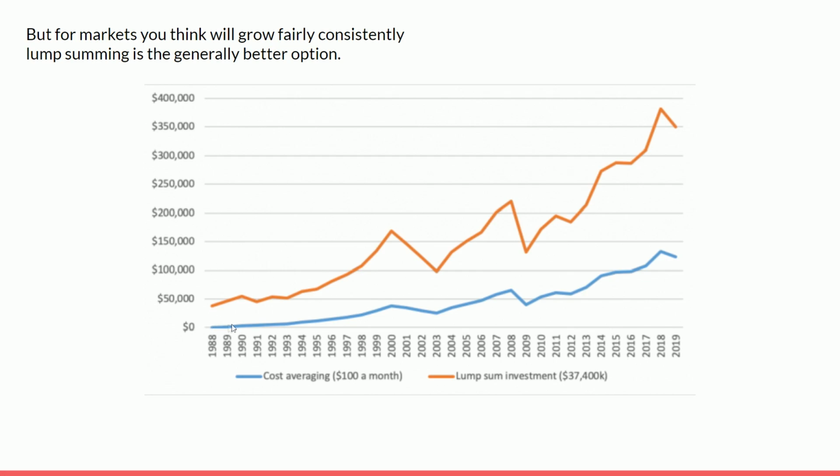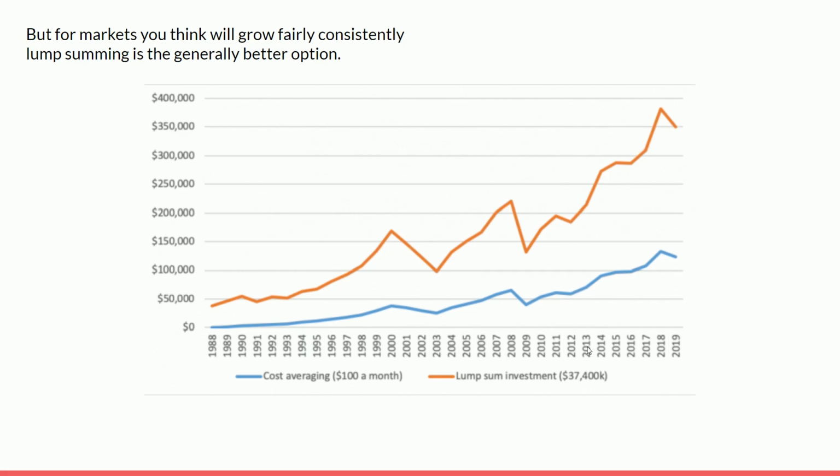The blue line is the cost averaging, and the orange line is the lump sum, which you can tell is far better off if you're investing $50,000 straight away, I think that says. And over time, cost averaging barely gets above it with this method in this certain market.